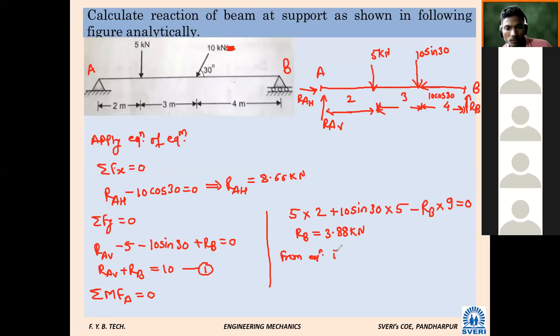From equation 1, what will be the value of RAV? 6.12 kilonewton. Therefore, RA is equal to, what will be the formula? Under root RAV square plus RAH square.